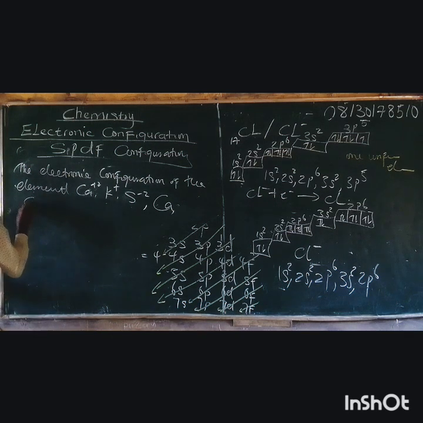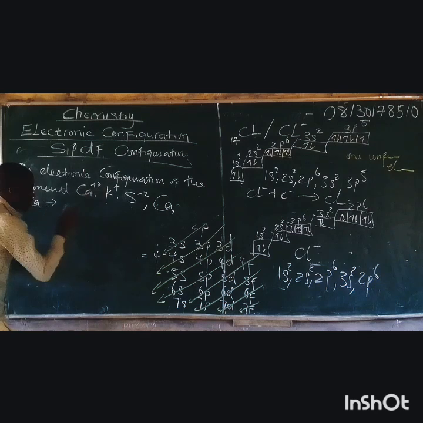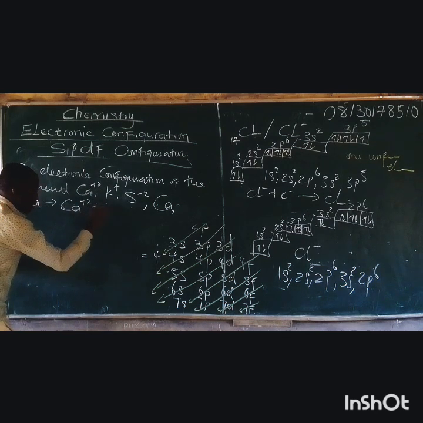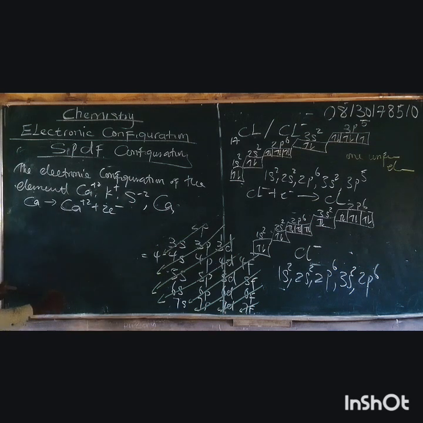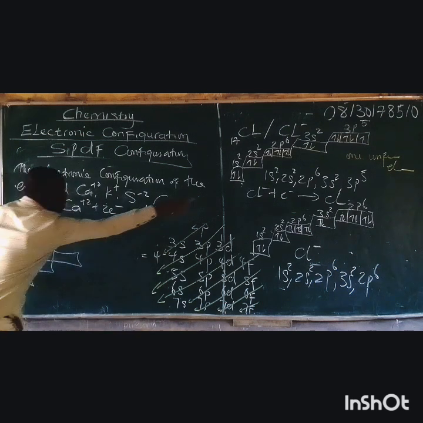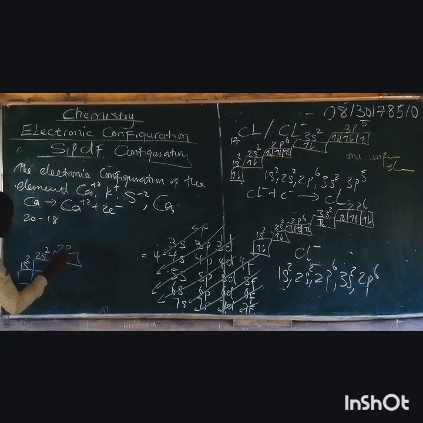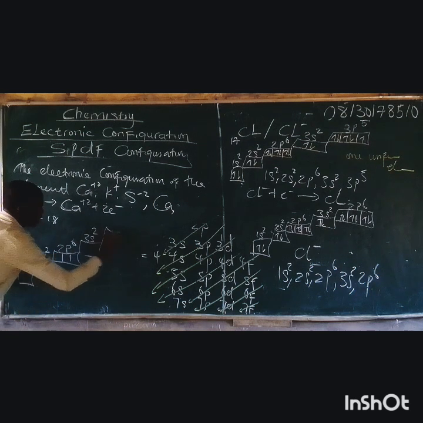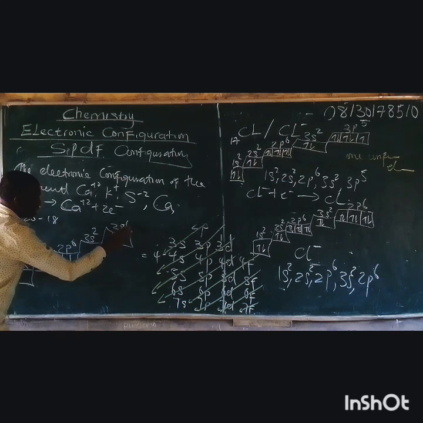I'll do it again. Calcium. For calcium to become positively charged, this calcium needs to give out 2 electrons. Do you see that now? It is 20 minus 2, which is 18 electrons. Now, we have 1s2, 2s2, and then from this arrangement, the next thing is 2p6, the next thing is 3s2, the next thing is 3p, what will give me 18? 6.